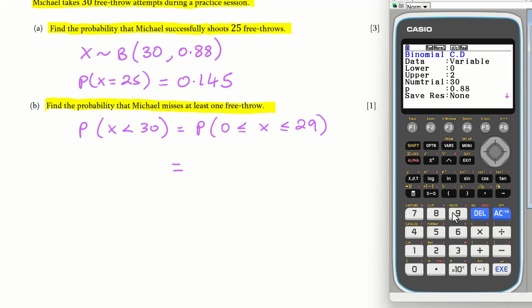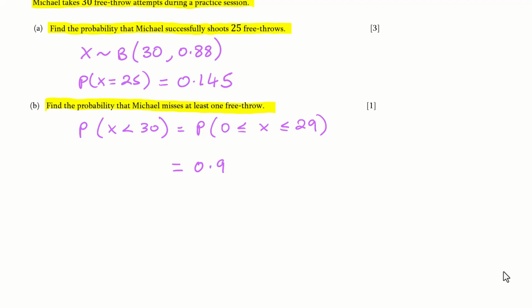The upper is going to be 29. We have 30 trials, probability of success 0.88. That's already been brought in from the previous screen that we were on. And so we'll just execute and we get 0.9784. Let's just call it 0.978.